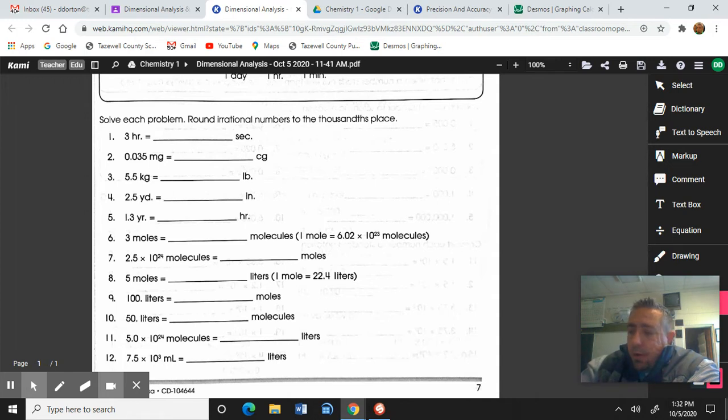Well, we all know that, but let's see how we do it in dimensional analysis. And then we'll set up the second one. Micrograms. He wants to go to centigrams.